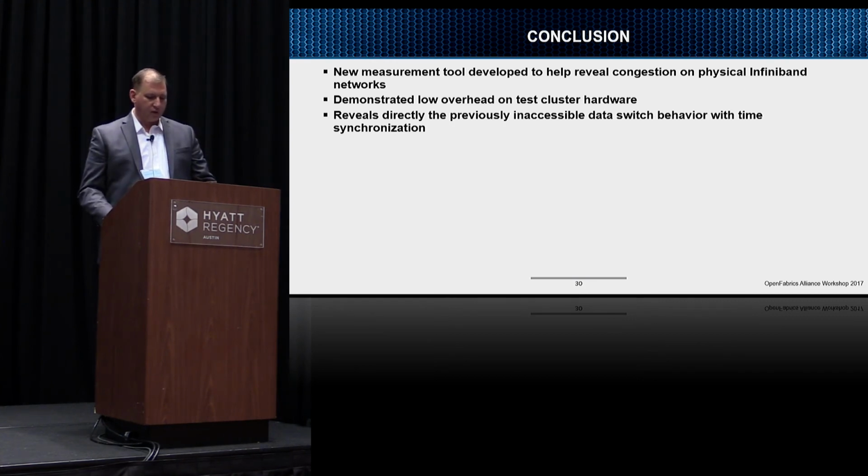It reveals previously inaccessible switch behavior directly, and does so with a timestamp and with fixed time synchronization. So when we later analyze issues, or make decisions on how to mitigate congestion, we can correlate things with the other system information.